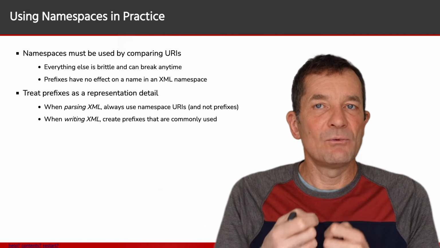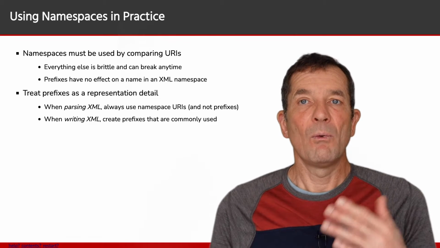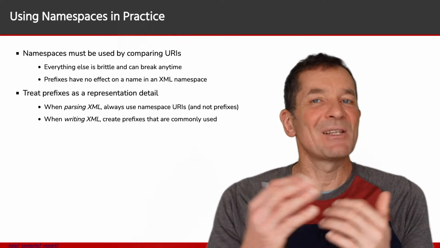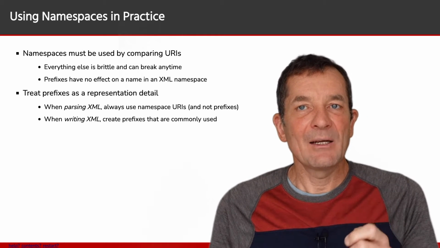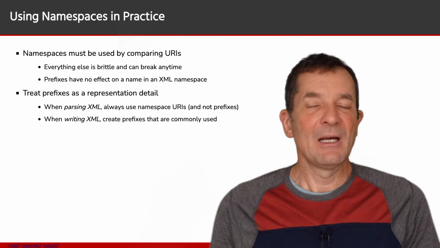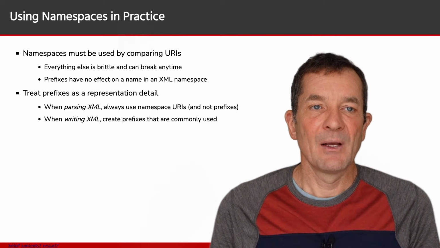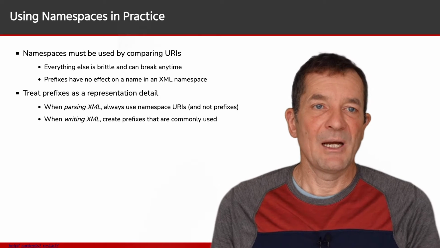It's not really relevant for the actual identification of which element is from which namespace. I mean, it makes this association, but in the end, you should just look at: do I have this element from this namespace? Yes, then this is what I want. If it's not this element from this namespace, then it's not an element I'm interested in. And that is really the most important bit, I would say.